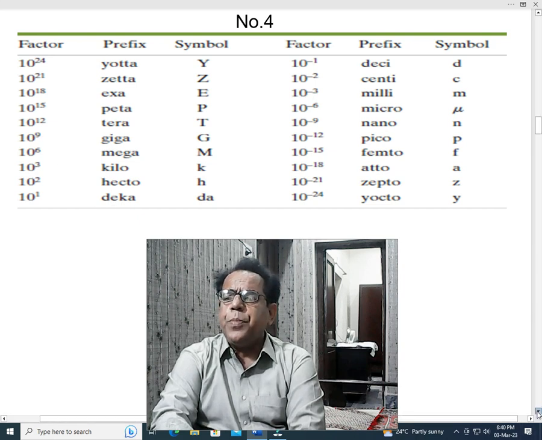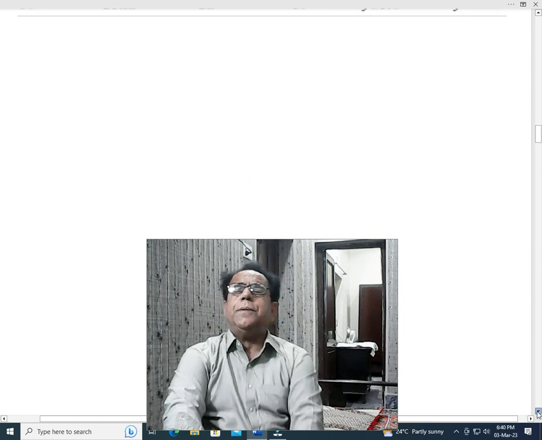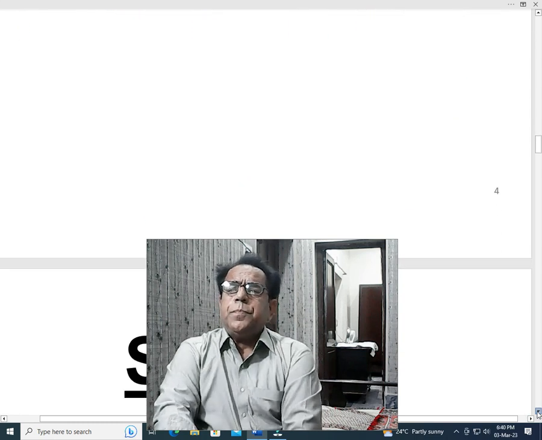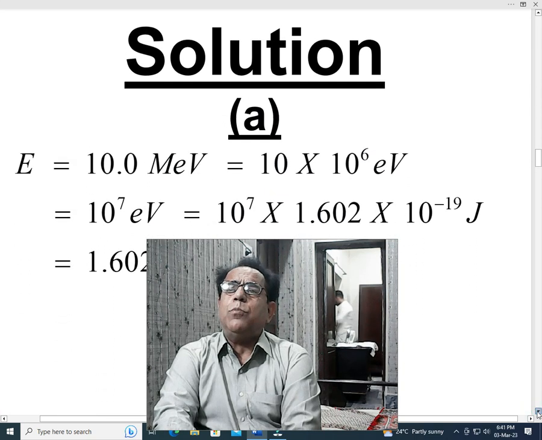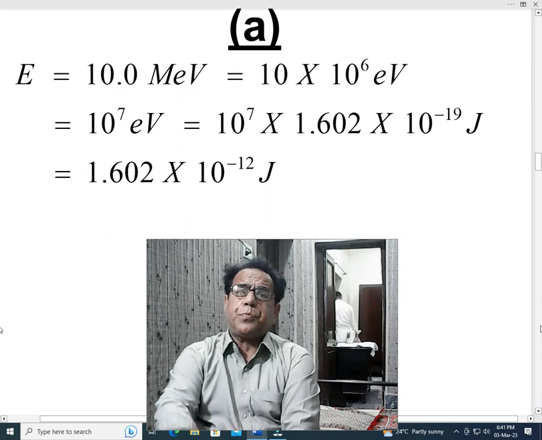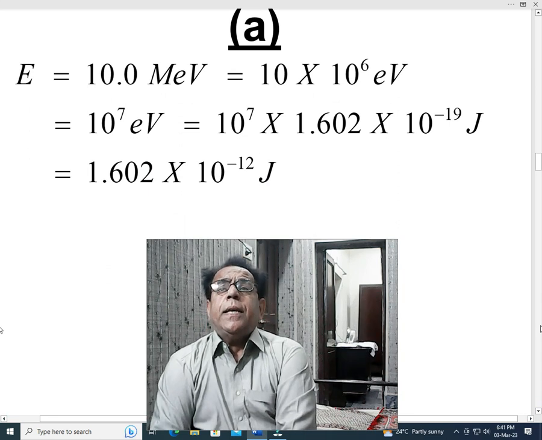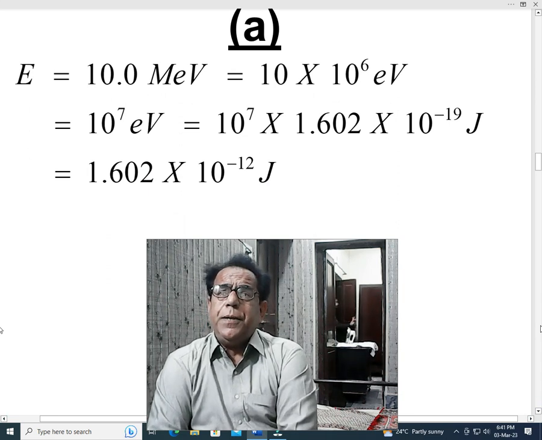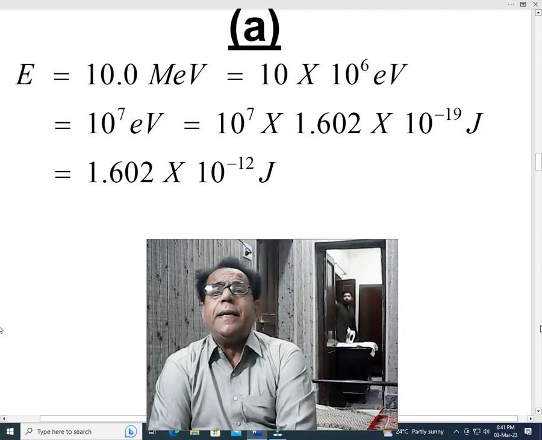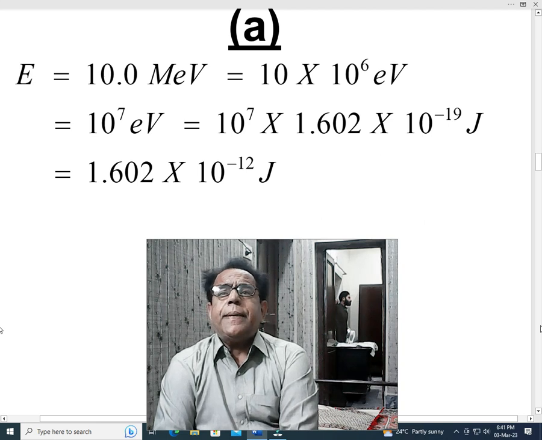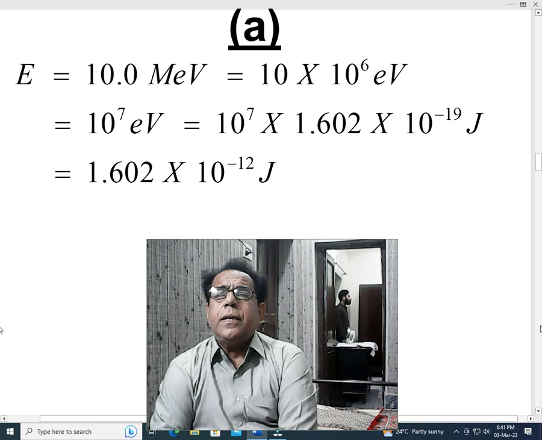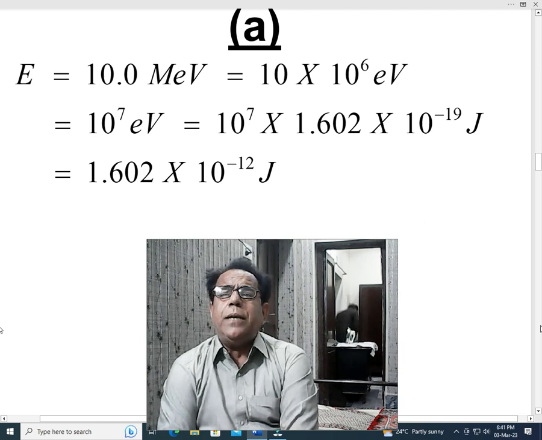Now we move to the next tool. No, tools were only these. Now we come towards the solution. Dear students, now we come to the solution of part A. Here E is given in the problem as 10.0 million electron volt.